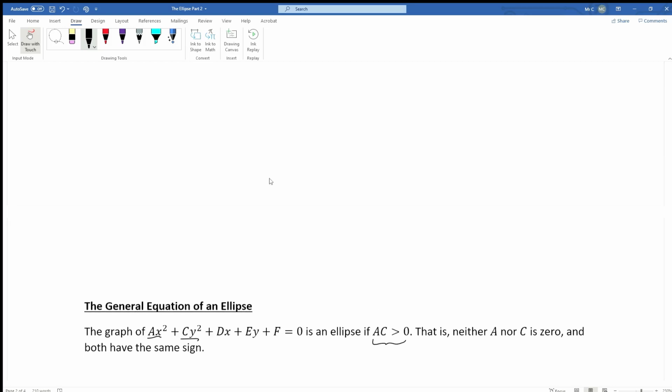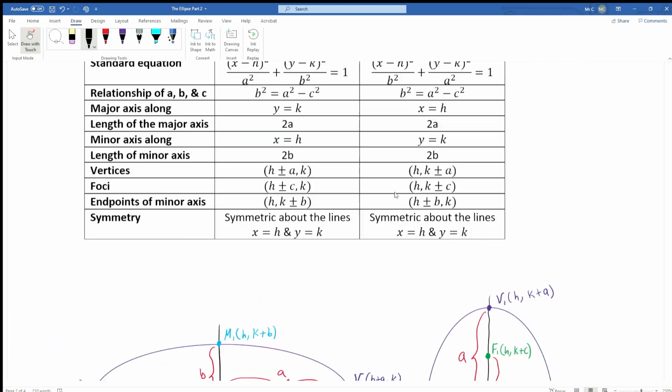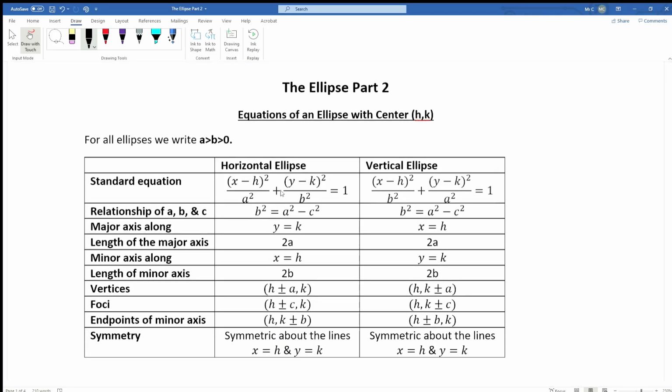And that should make sense because that's the only way we'll get an equation that ends up with positives in front of both x squared and y squared. If they weren't the same sign, one might be negative, one might be positive.